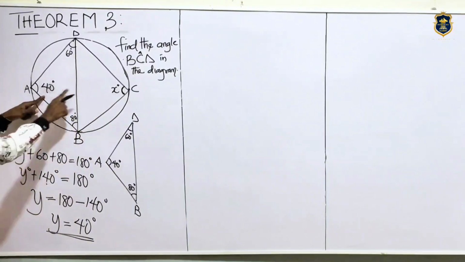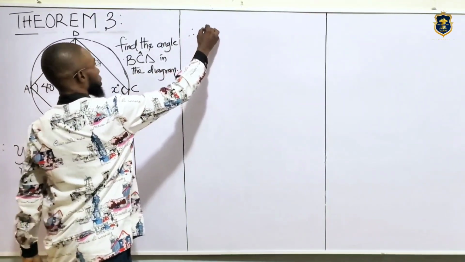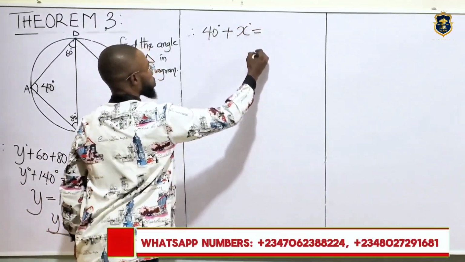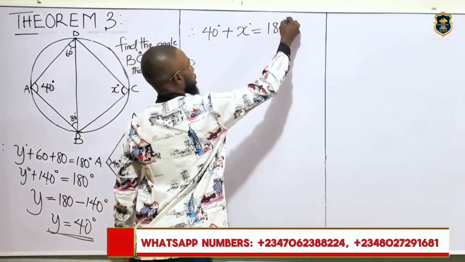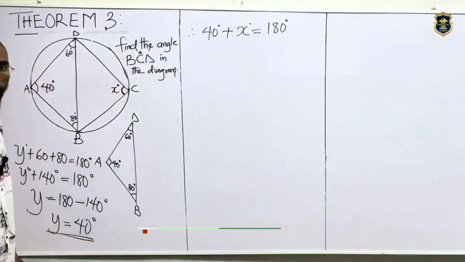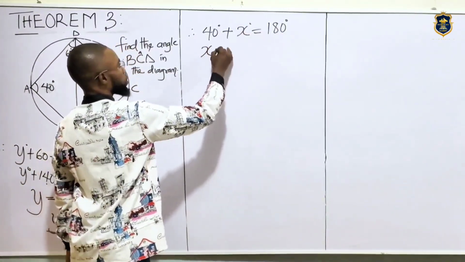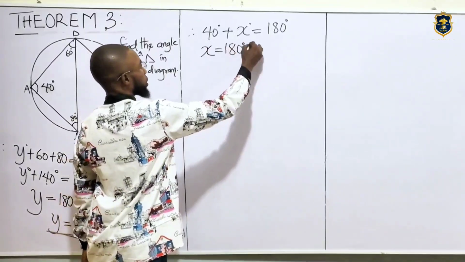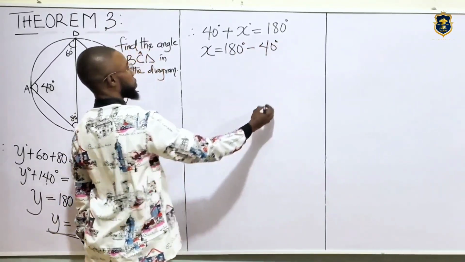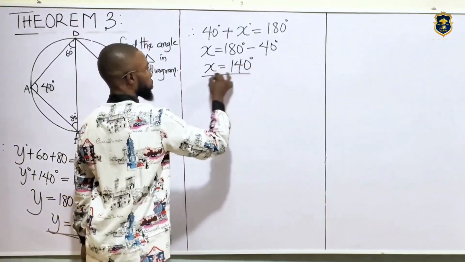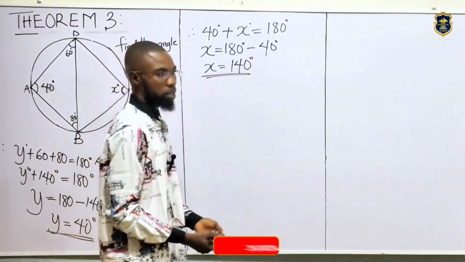Therefore we can say 40 degrees plus X degrees is equal to 180 degrees. Right? So from here, these two can't add, just push it out. X becomes 180 degrees minus 40 degrees, so that our X becomes 140 degrees. You see how easy it is?